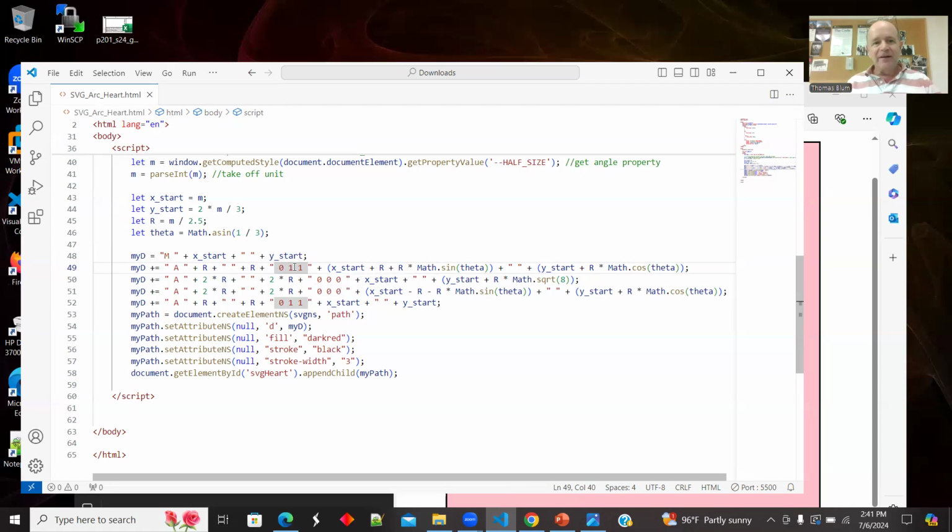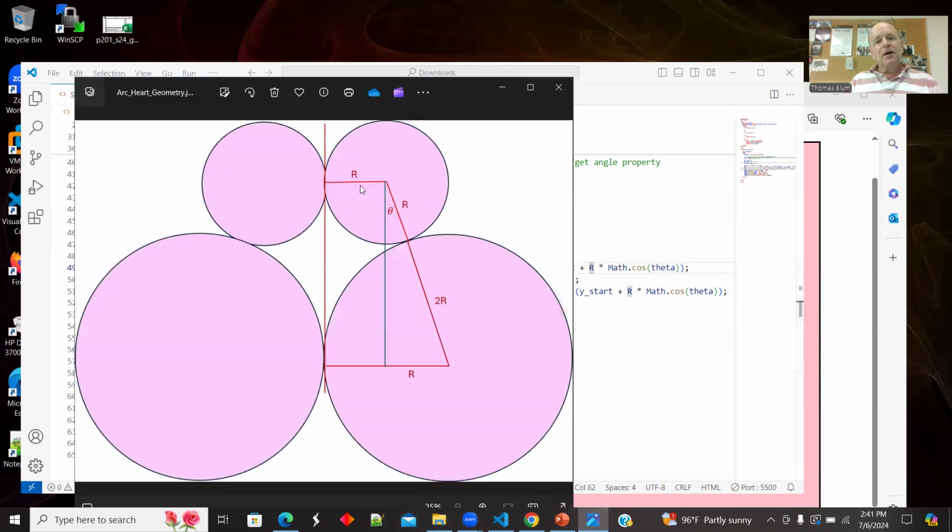And then frankly, the other ones I usually just make and then play around with until I get them right. There are four possibilities: 0, 0, 0, 1, 1, 0, 1, 1. I am starting at my X start, and I'm going over a radius plus another radius times sine of theta.